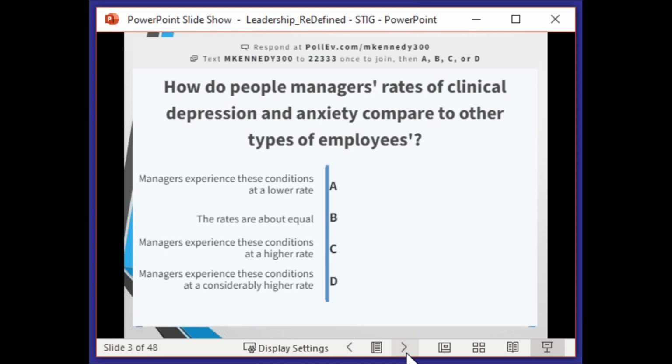We're going to find out what your thoughts are on the extent to which people managers might experience clinical depression and anxiety relative to the rest of the people in the corporate workforce. This question is based on people in the workplace. To what extent do you think there might be elevation of these mental health challenges for people managers?